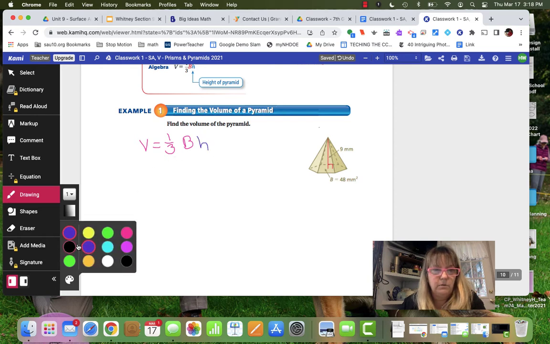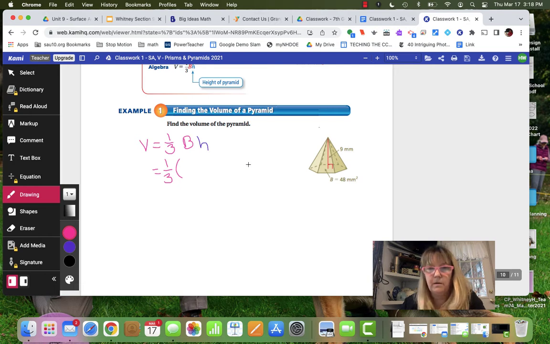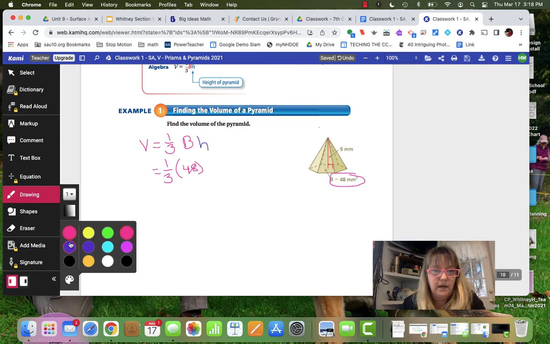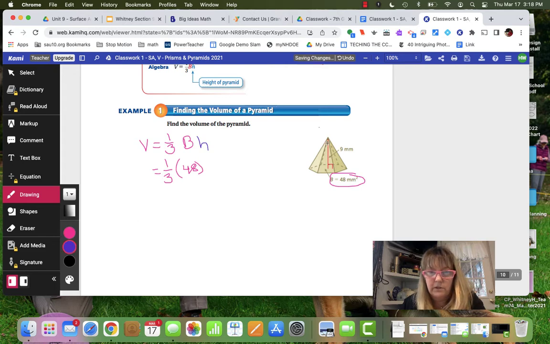So going back to pink. So 1/3 is a constant, so that gets to stay there. In this particular example, the base of our pyramid is 48 millimeters squared. So we put 48 in there. And then the height. And the height we get from the drop height, which is this little red line right there, which is 9 millimeters.